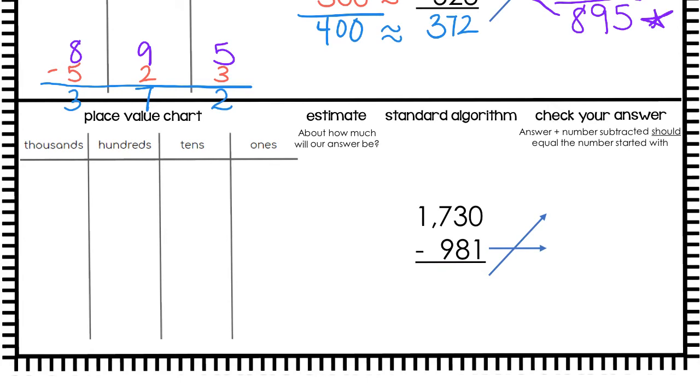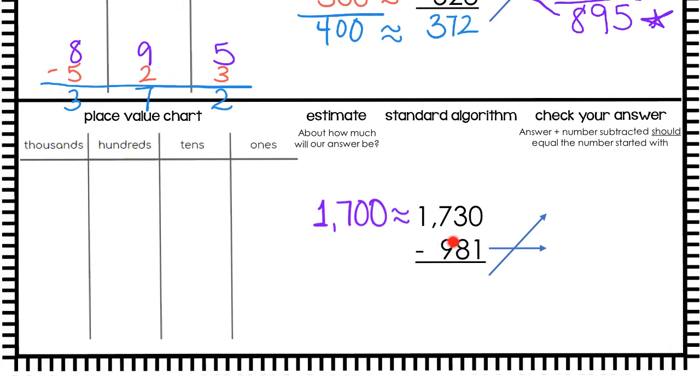So I'm going to estimate 1,730 is about, if I round it to the nearest hundred, it's about 1,700. So in our estimate column, we're going to write 1,700 is about 1,730. Then, if we look over here, we're subtracting 981.